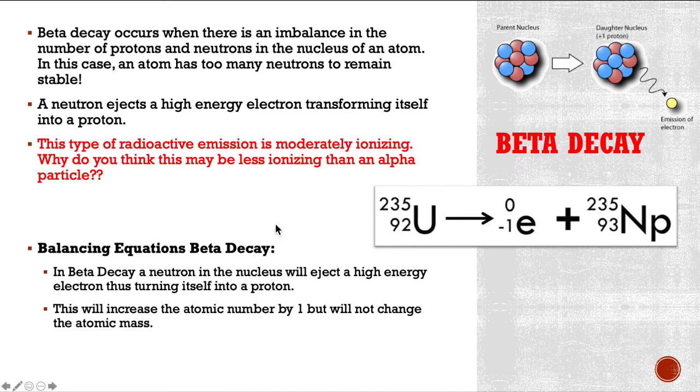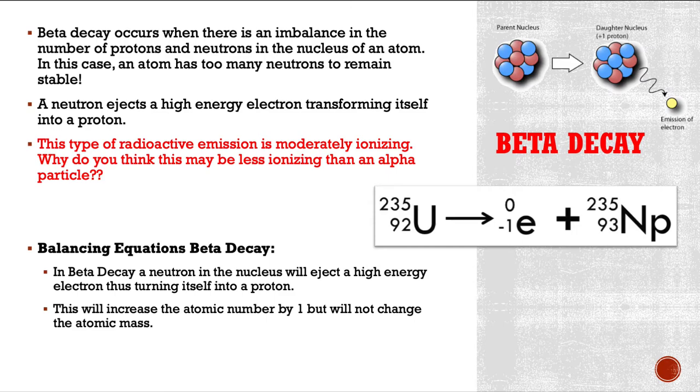So this type of radioactive emission is moderately ionizing. It's not quite as ionizing as alpha radiation, and that is because these beta particles have a single negative charge associated with them. So the magnitude of charge for a beta particle is less than the magnitude of charge for an alpha particle. It doesn't really matter whether it's plus or minus, it's just that it's got less overall charge.